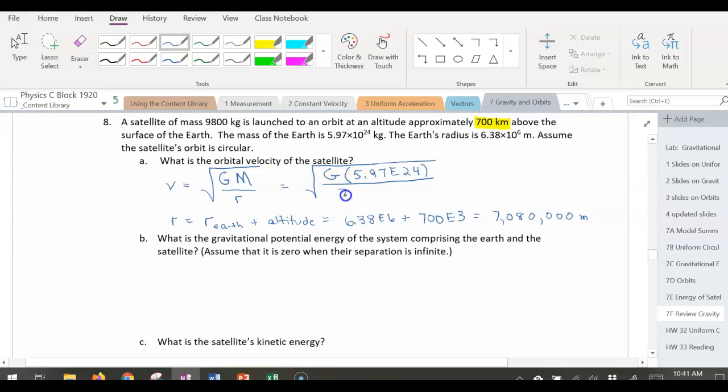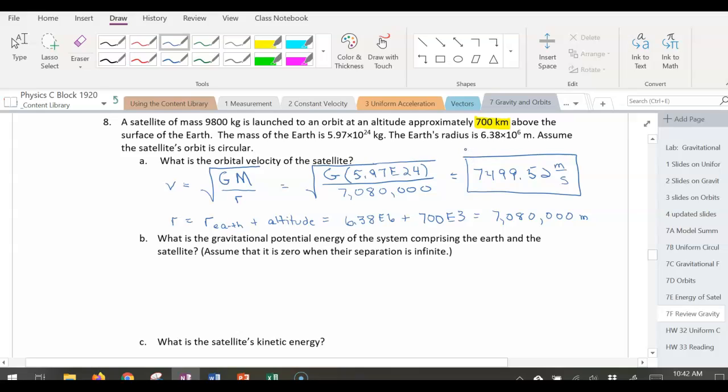Then I put in the orbital radius that I just found, and I get a velocity of 7,499.52 meters per second.